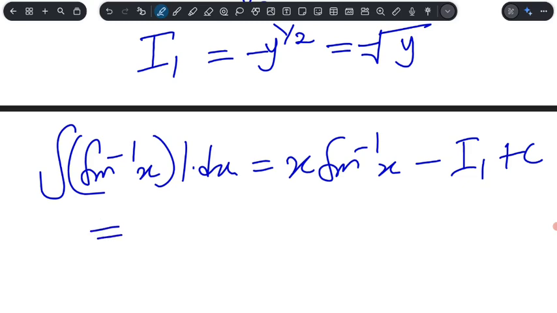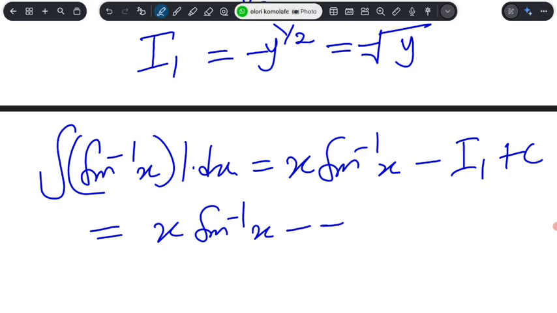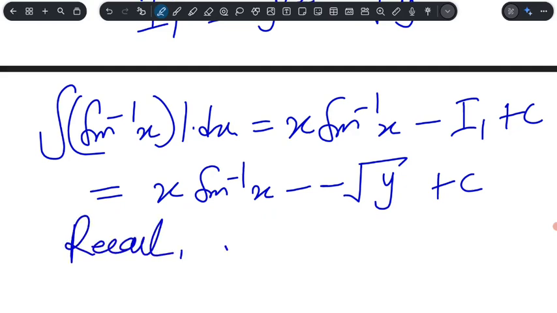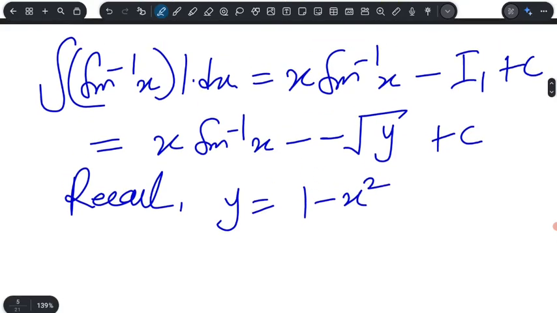So therefore we have x arc sine x minus, for this part, minus the square root of y, plus c. Recall that our y is equal to 1 minus x squared.